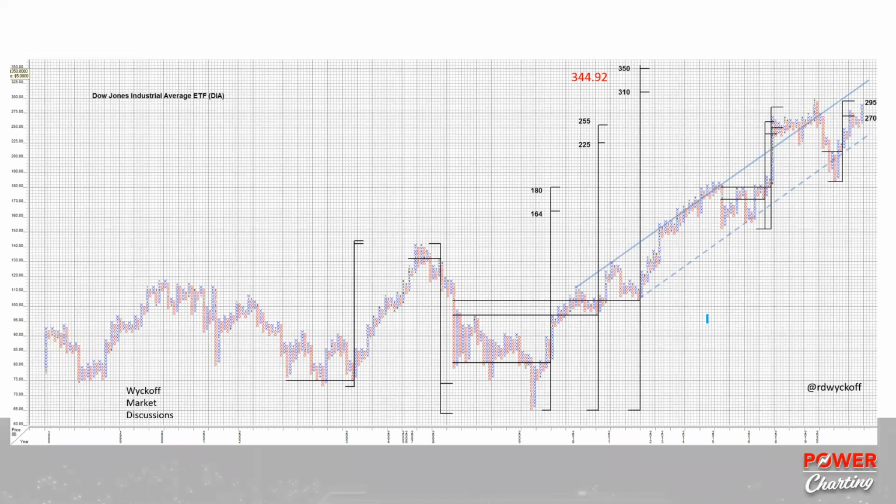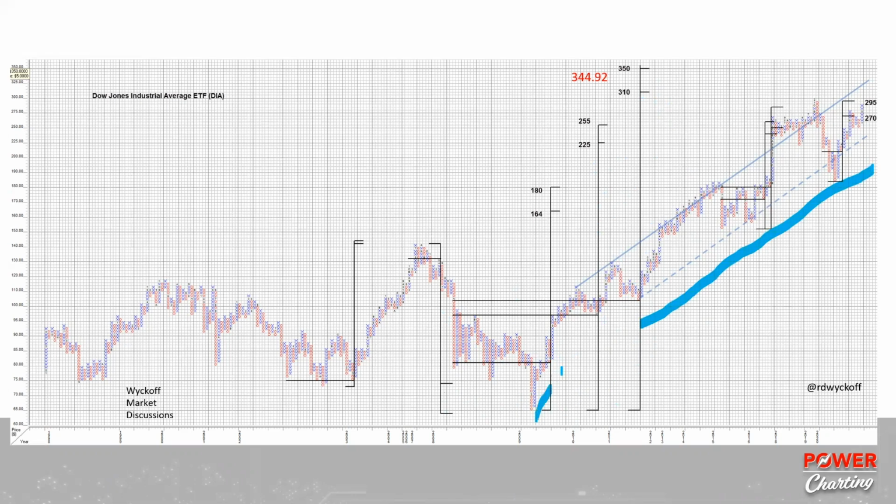Now here's the Dow DIA ETF, and here is a very large campaign structure. I'll let you look at these so that we can just keep rolling along. But this large count, which is a jump out and a back up, and look at the number of years here. You're talking about 4 years of accumulation structure and a magnificent uptrend.